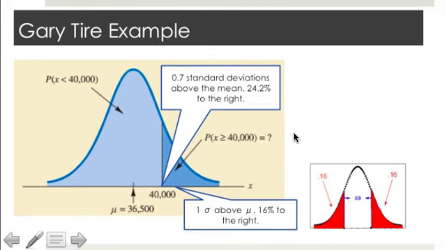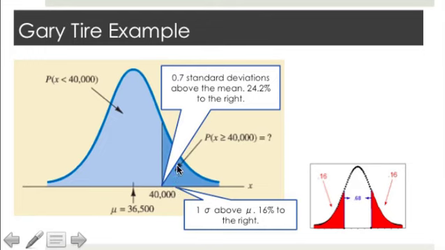Now, this makes sense. If we think about this, we saw this picture earlier where we talked about looking at the curves from the perspective of the tails, and we know that if we were one standard deviation above the mean, as we see here in this picture over here on the right, then we know that 0.16 or 16% of the values of that random variable live over here in this tail. So if this is 0.7 standard deviations, then a little bit to the right, somewhere around here, would be 1 standard deviation.